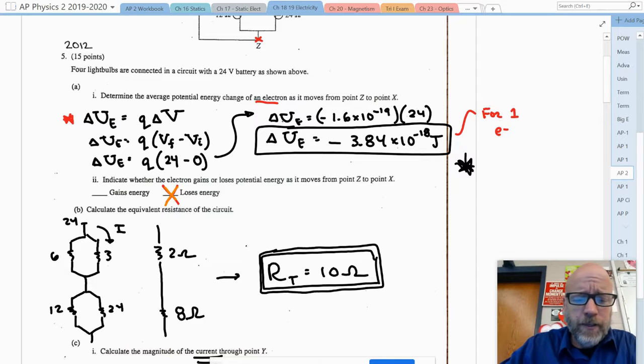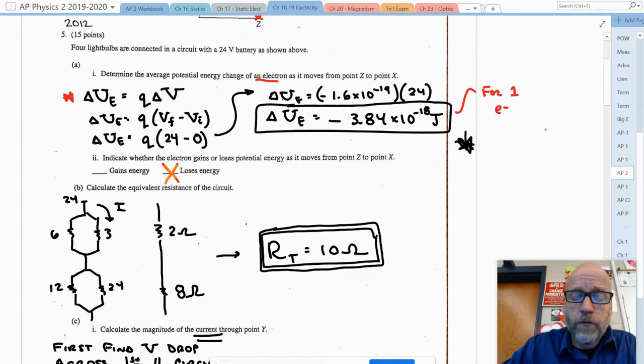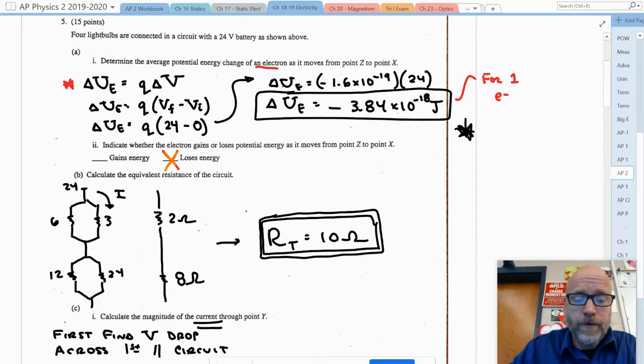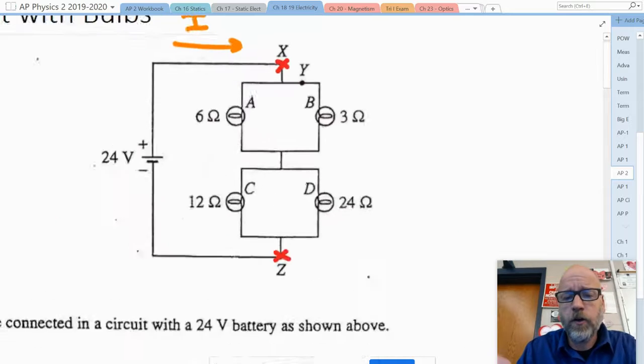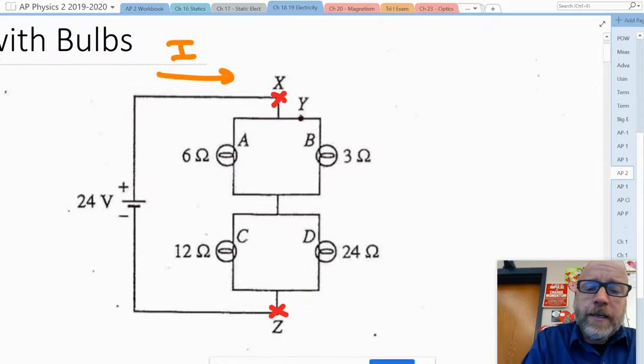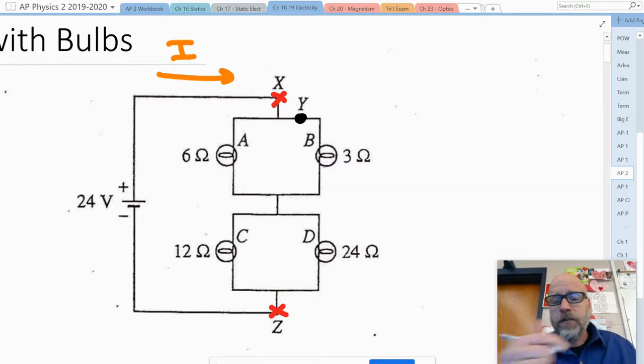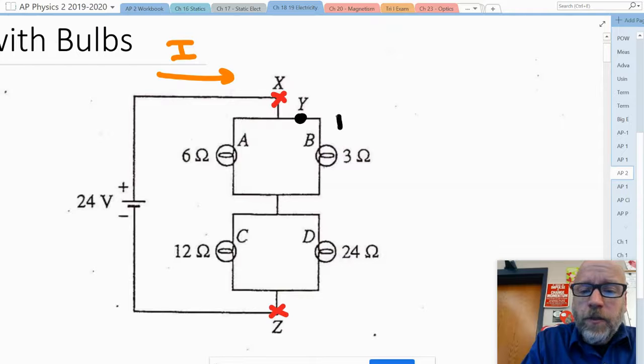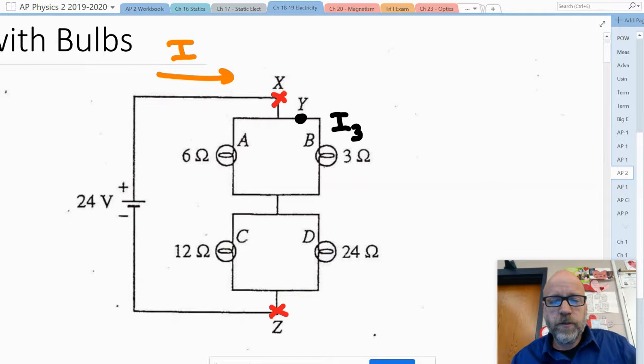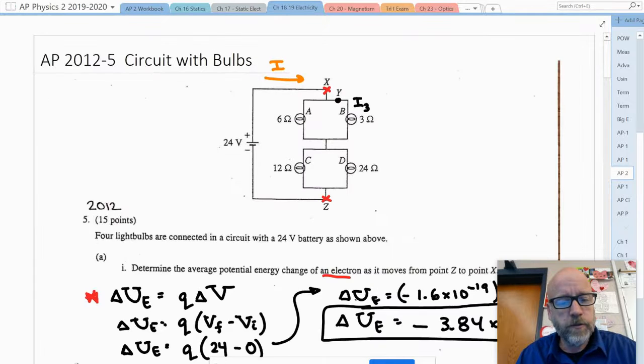Next, calculate the magnitude of the current through point Y. Okay, so I need to find the current right here. To me, I know that that's going to be the current through the 3 ohm resistor. So I need to find the current through the 3 ohm resistor.